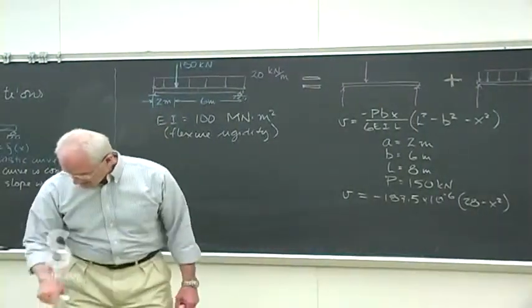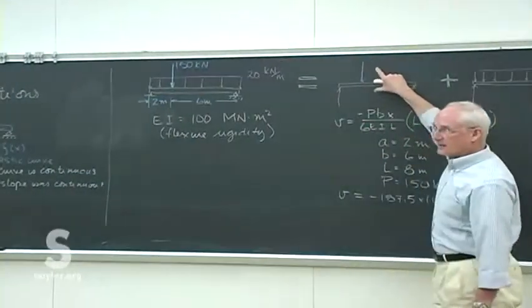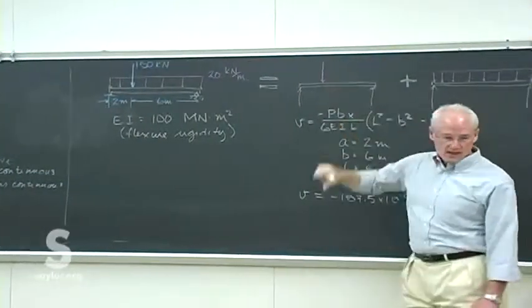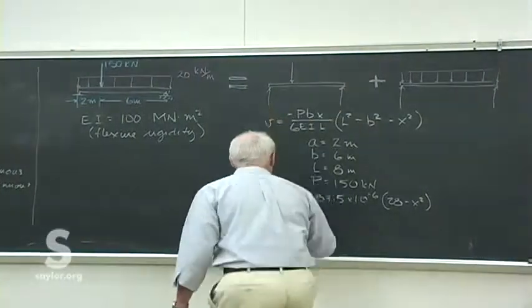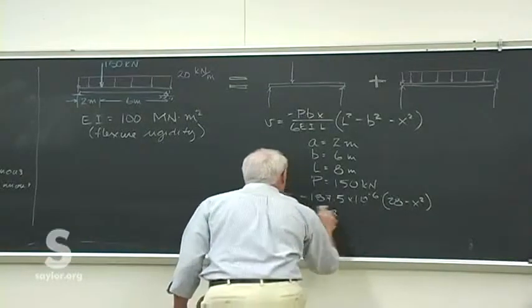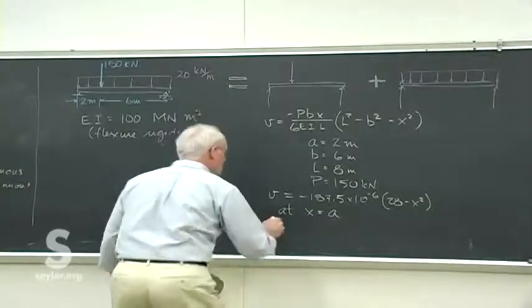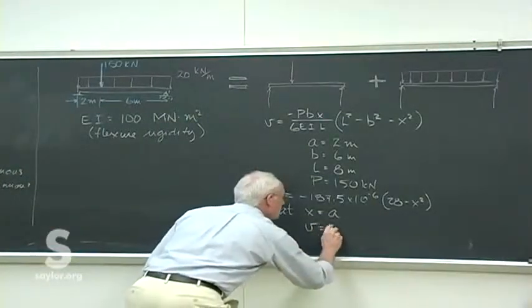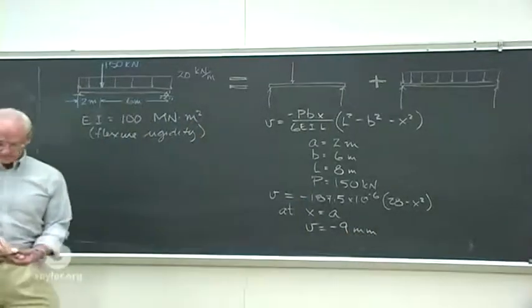And that's the particular solution for just this sub part of the problem. And if we put in, let's pick a value, for example, right at x equals a, I think that's the value I put right at where P is. This comes out to be minus 9 millimeters.